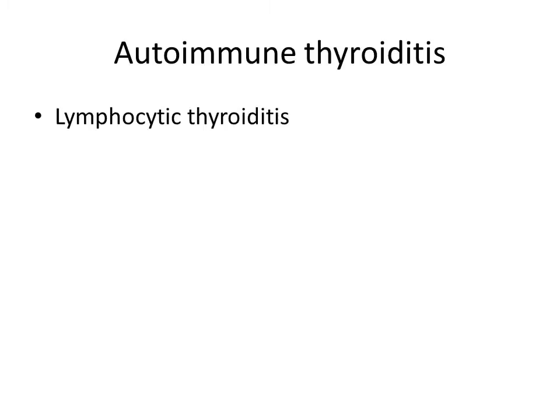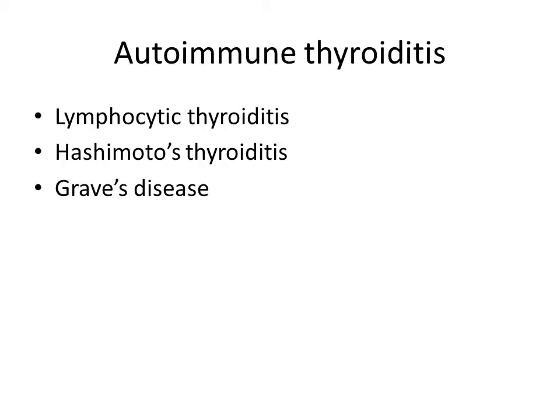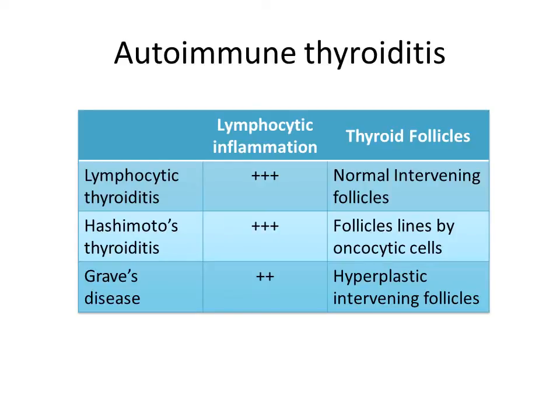Autoimmune thyroiditis is composed of lymphocytic thyroiditis, Hashimoto thyroiditis, and Graves' disease. Lymphocytic thyroiditis has abundant lymphocytic inflammation, Hashimoto thyroiditis also has inflammation, and Graves' disease also presents with lymphocytic inflammation, but to a lesser extent compared to lymphocytic thyroiditis and Hashimoto's.